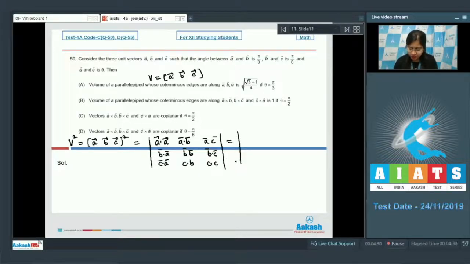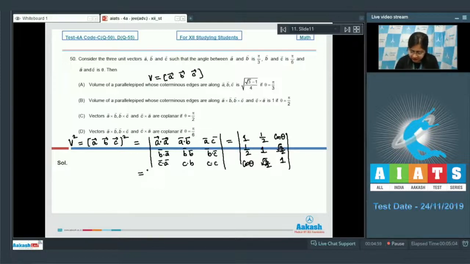Now as A, B, C are unit vectors, so mod A square is 1, so diagonal elements will be 1. Now A dot B is mod A mod B into cos pi by 3, that is cos 60, that will be 1 by 2, so here also 1 by 2. Similarly for A dot C we will get here cos theta, and for B dot C we will get root 3 by 2. I hope this is clear.